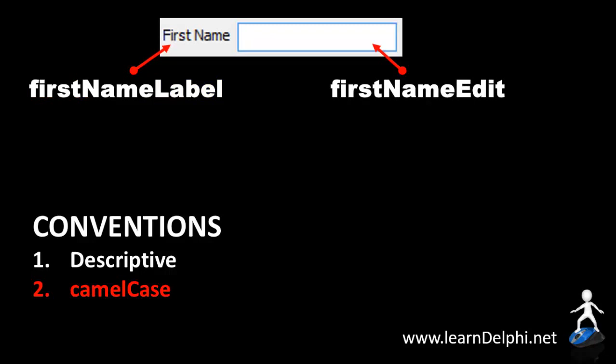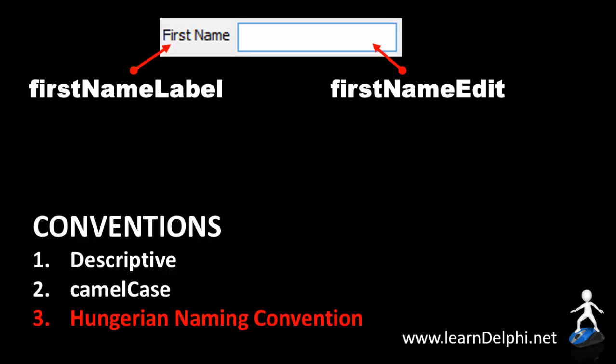Thirdly, you can apply a very popular convention called the Hungarian naming convention. It works like this. People have names and surnames or family names. In programming, an object's family name or surname is the class name that it was created from. For example, the first name label's family name or surname is the word label, and the first name edit's family name is edit.